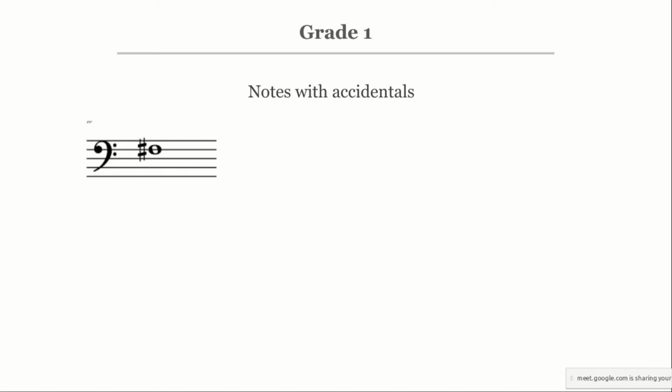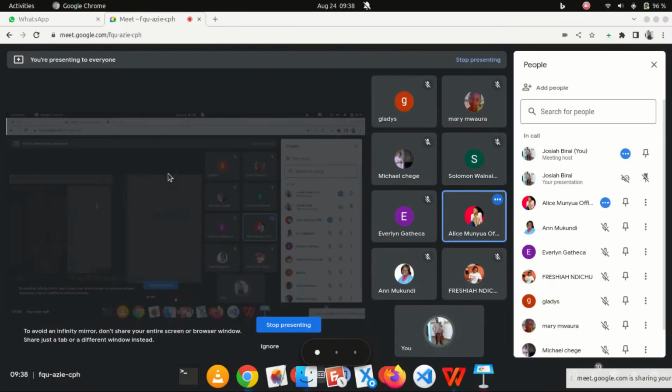Not in the test, but in the notes that we learned last time. Remember we learned how to name the lines and spaces for the bass clef. And I gave you the mnemonics like every good boy deserves fun, the face, the grizzly bears don't fear anything, all cows eat grass. Do you remember us doing that? So what were we using for the bass clef? You don't remember? Somebody remind us.